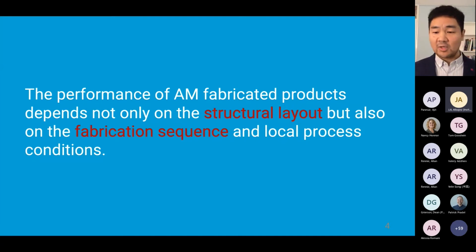So the point I want to make here, which previous speakers have also touched upon, is the performance of additively produced products depends not only on the structural layout, but also on the fabrication sequence and the local process conditions. The local process conditions such as laser power, travel speed have been discussed in previous talks. And here I'm mainly interested in structural layout and fabrication sequence.